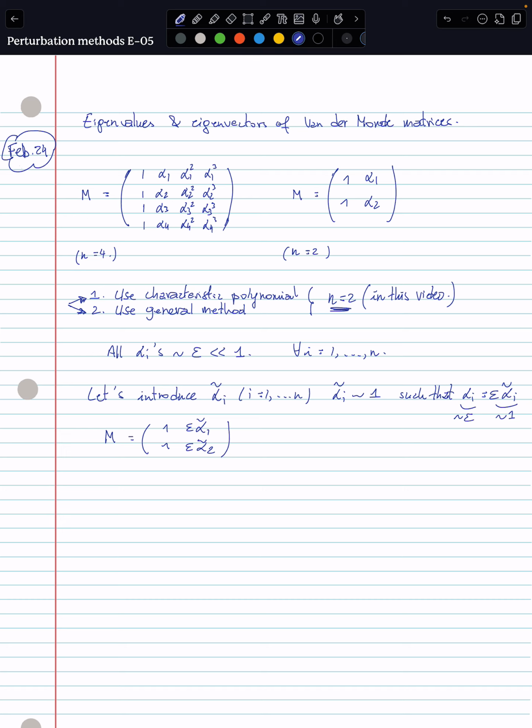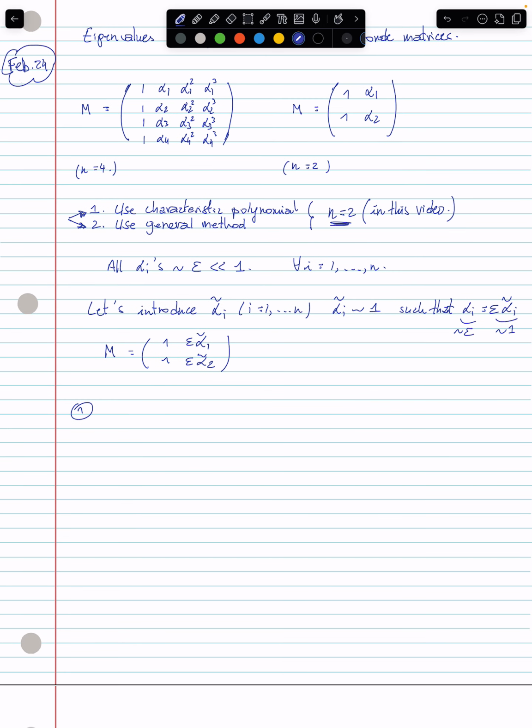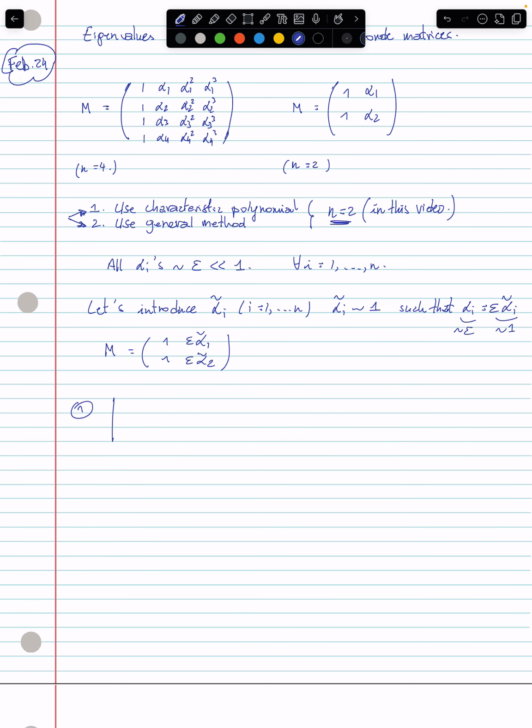All right, so we're going first to use the characteristic polynomial for this matrix in order to determine the eigenvalues. So we need to write the determinant of M minus lambda I. So basically what we just do here is we subtract lambda from the diagonal elements, cancel this determinant, and this provides the characteristic polynomial.